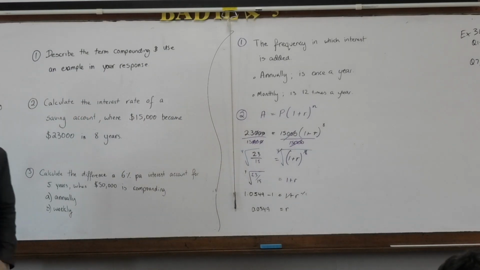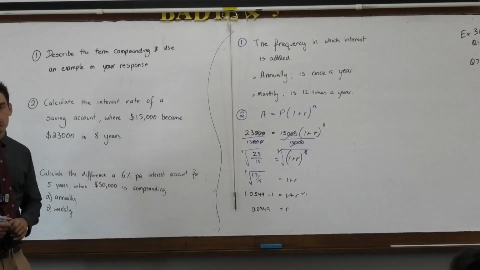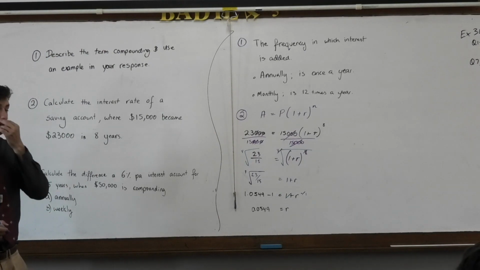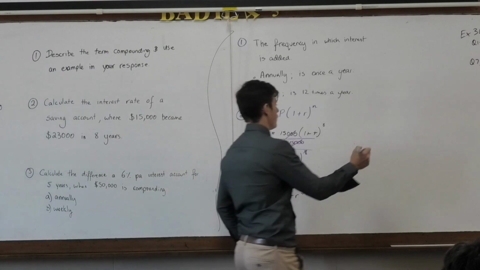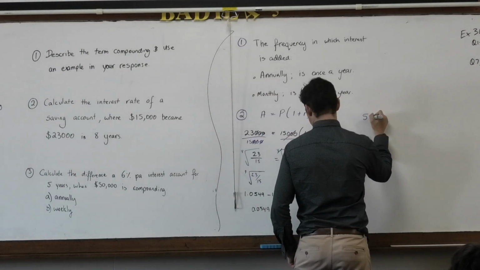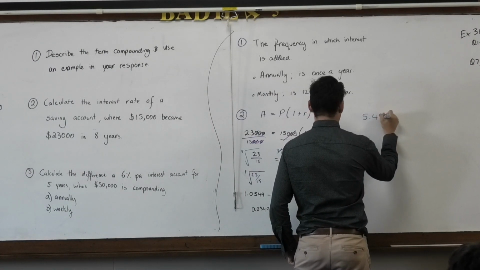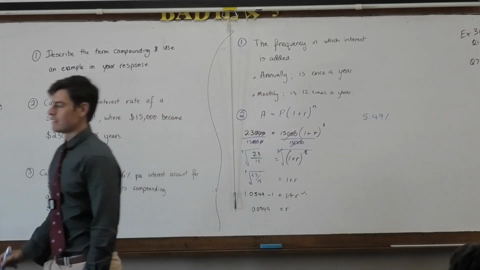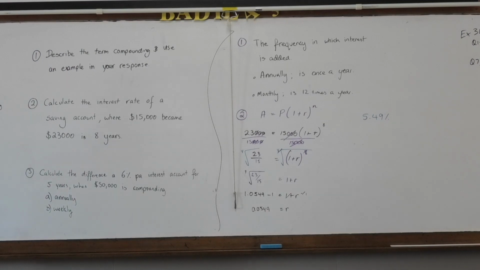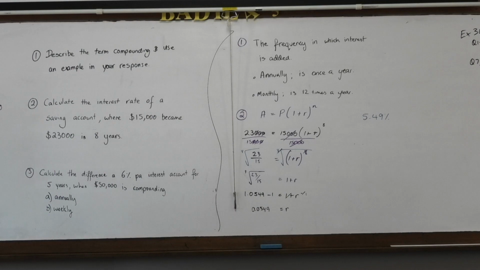How to represent them in the real world? Percentages. So I need to convert that to a percentage. What do I do? Times it by 100, and I get 5.49%. You got that, well done. I got that after that. I gave up after that.